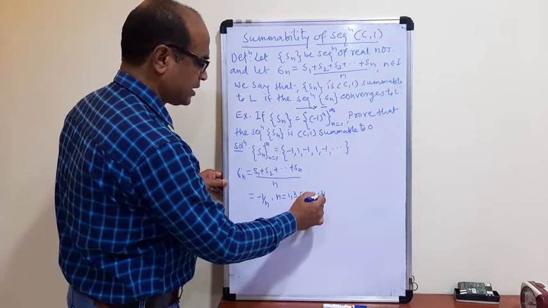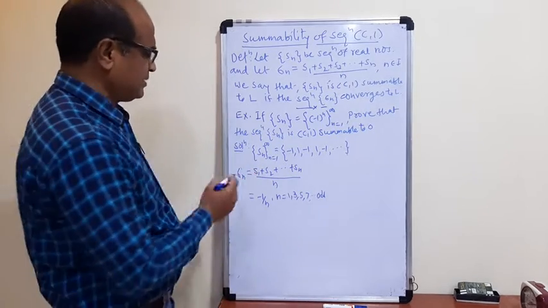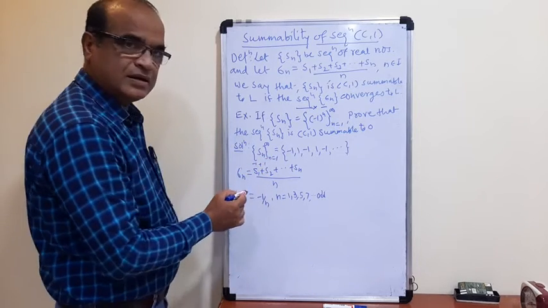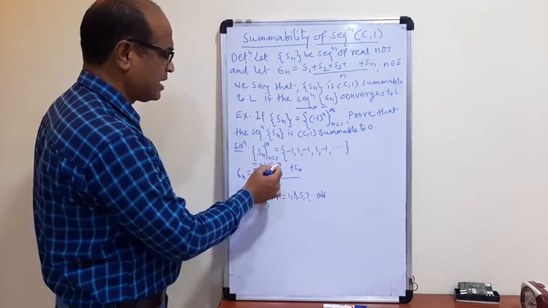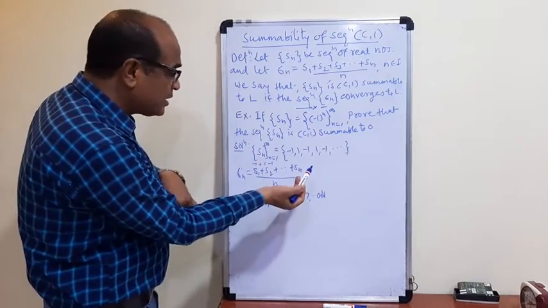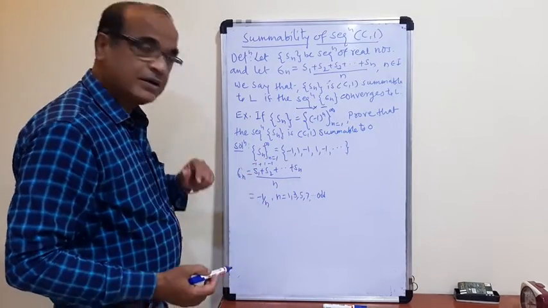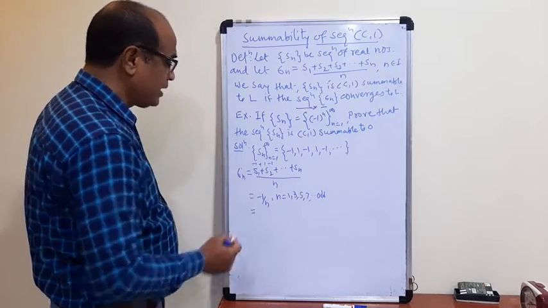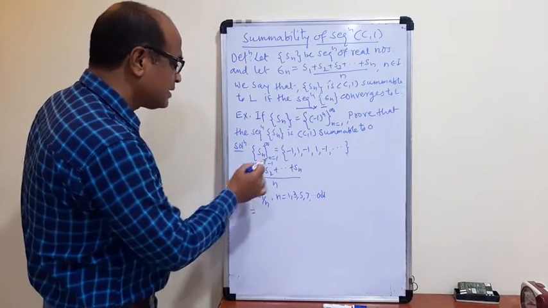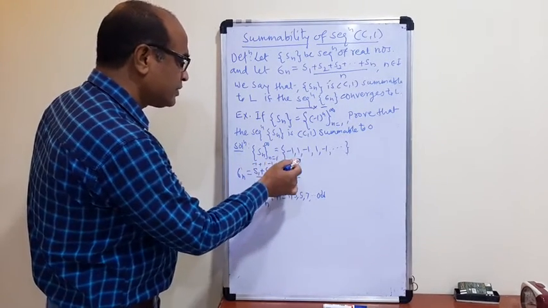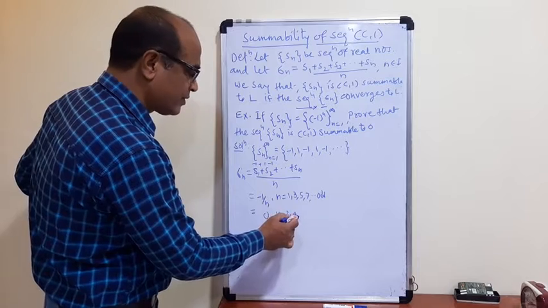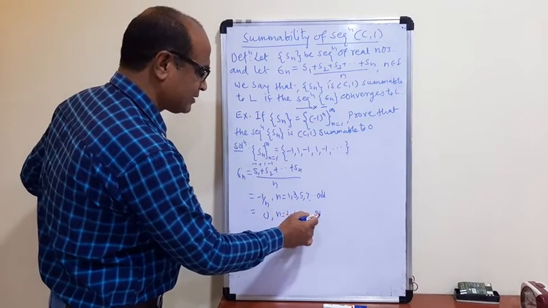Here 1 minus 1 plus 1 minus 1 plus 1 minus 1 and so on cancels, leaving minus 1 divided by n. If n is even, minus 1 plus 1 gets cancelled, so this is 0, for n equal to 2, 4, 6.